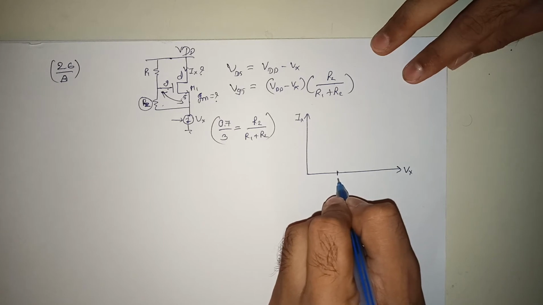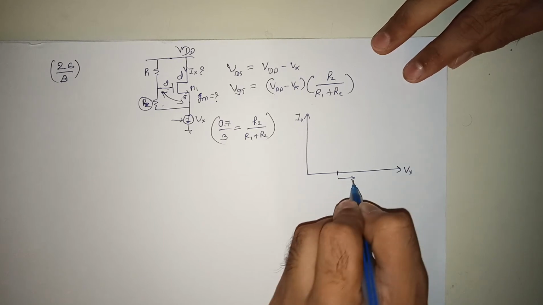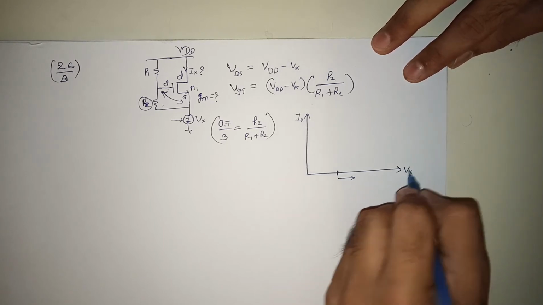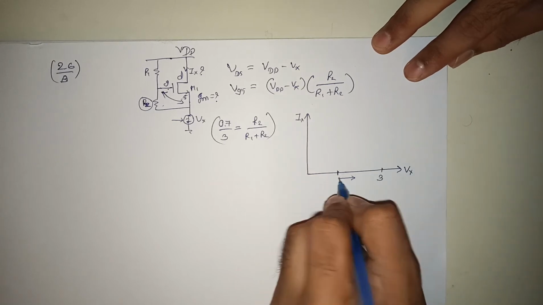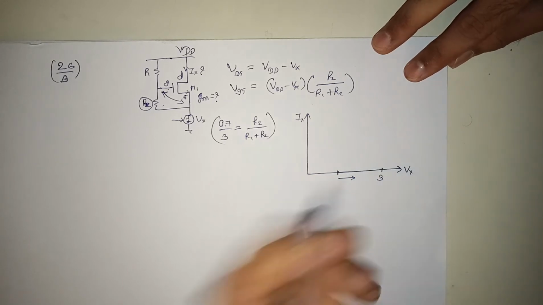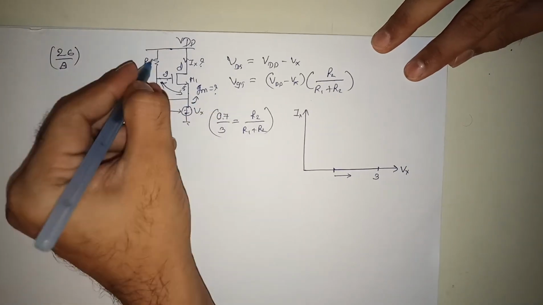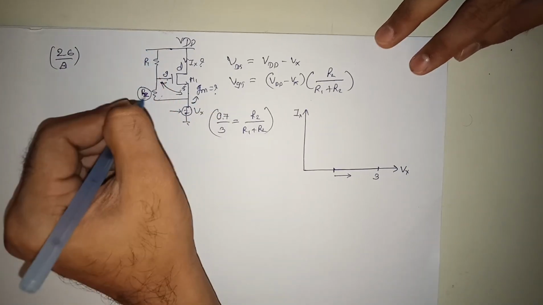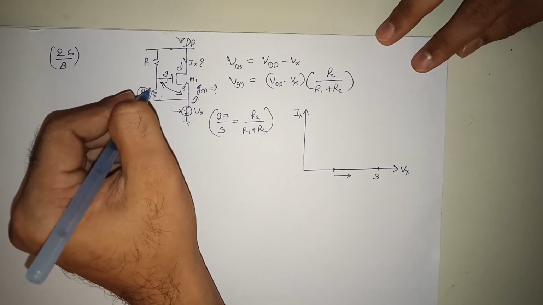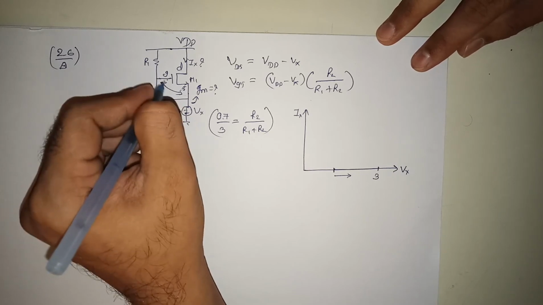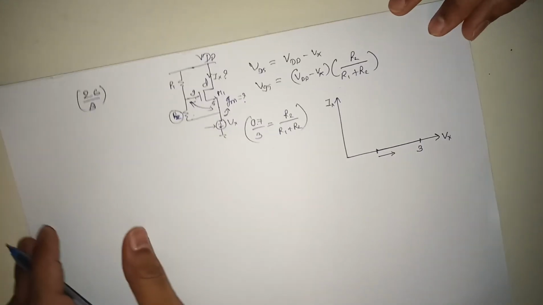After some point, if you go beyond the value of Vx, you will not get current, same as the previous problem, because this Vx will go up, this drop will go down, and ultimately the enough VGS will not be there, so I will be 0.